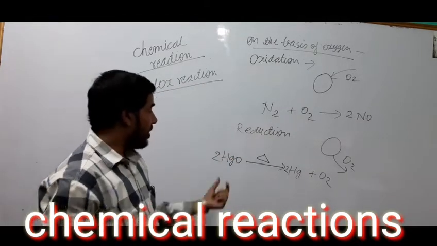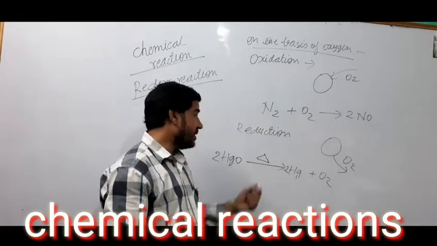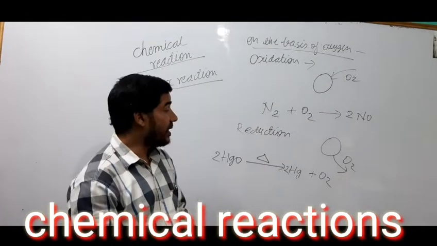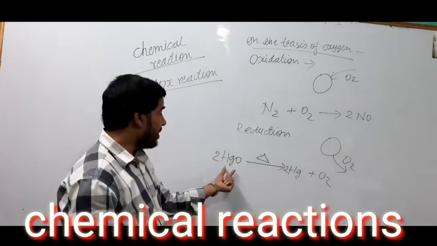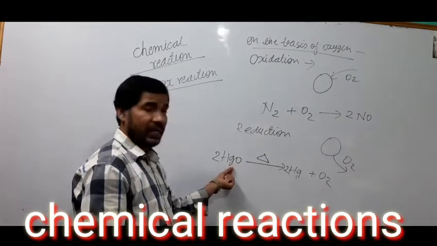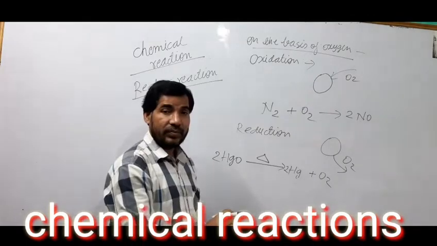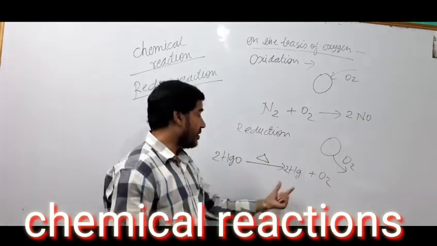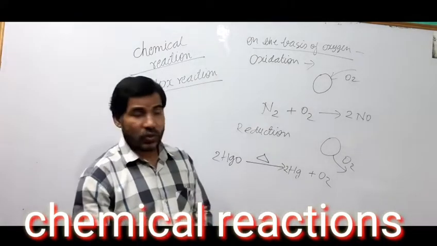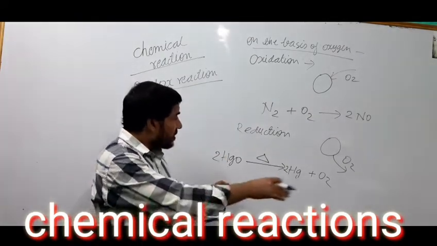You are seeing here, when mercury oxide is heated, it breaks into mercury and oxygen. On the reactant side, mercury and oxygen are both present together. But towards the product side, we are seeing that mercury is alone. So here, removal of oxygen takes place.